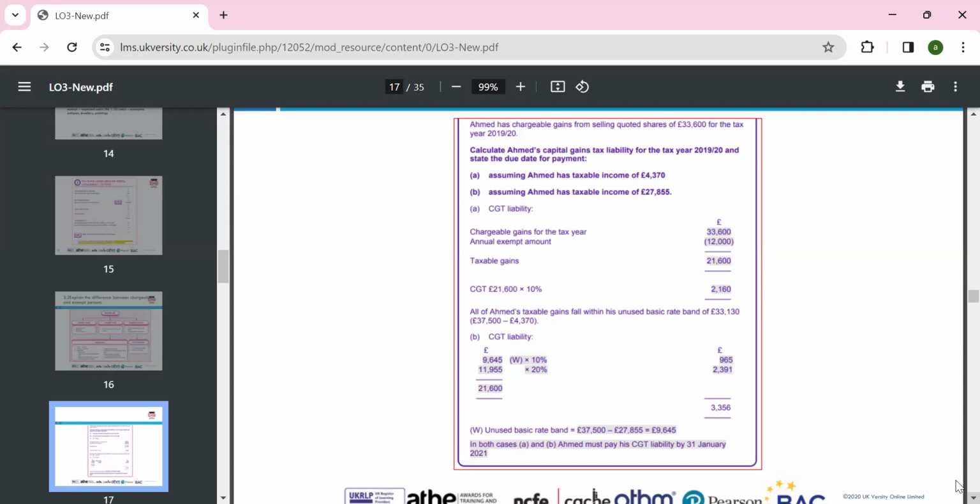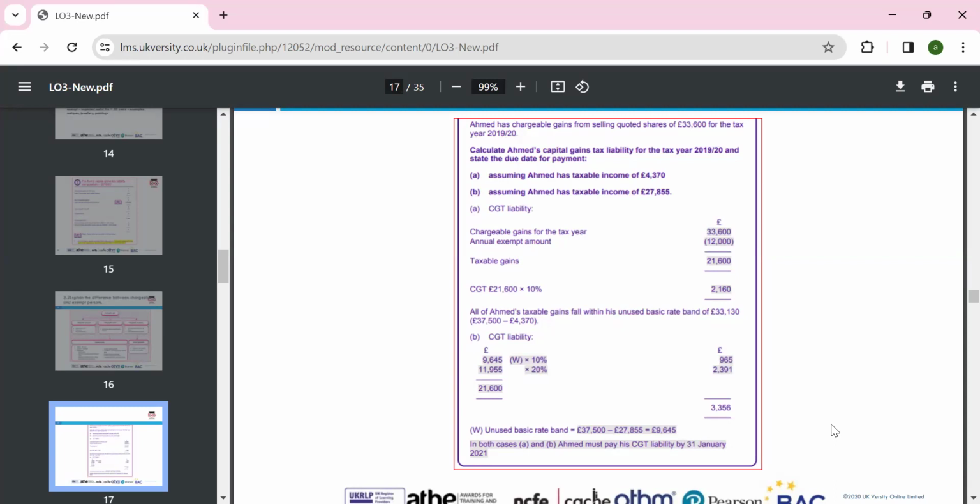Now, what tax needs to be paid? If she is a basic rate taxpayer, it is 10% capital gains tax. We take 37,500 minus Emma's taxable income, which we take out, and that gives the remaining basic band.